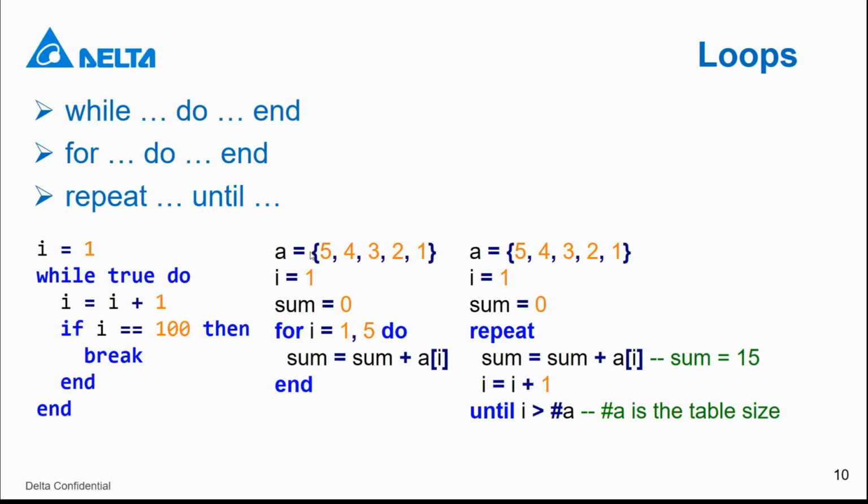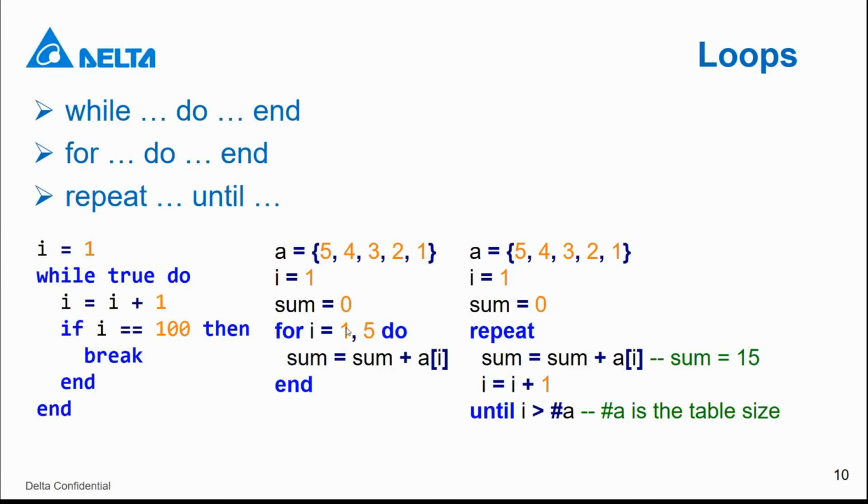And the second is for do. For do is easy for going through a list, because in the for you can define the index i, beginning with the initial value and the end value. That means this loop i will go through from 1 and add 1 in each loop.